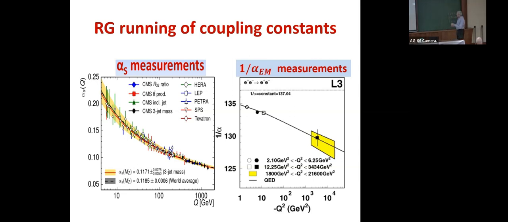So one is the running of alpha strong and alpha electromagnetic. Note that this is alpha S and this is 1 over alpha electromagnetism. Okay, so alpha S decreases at large energies, alpha electromagnetic increases. Okay, and this is the measurement that somebody perhaps said happens at, so if you go all the way to 0, you will reach 137.